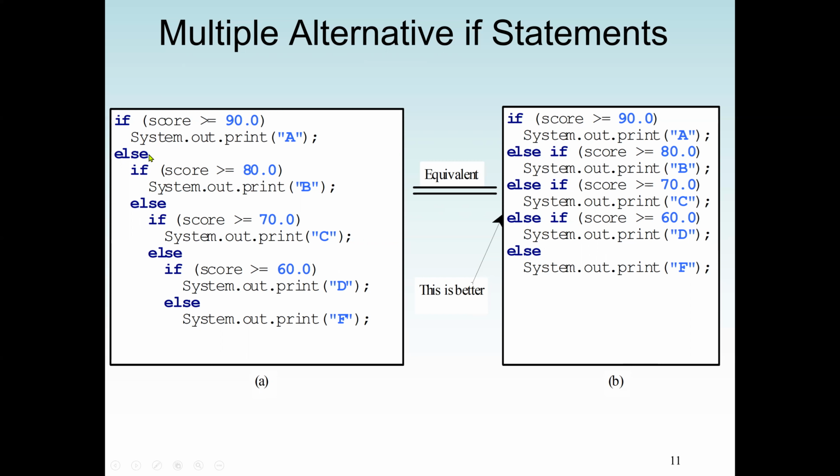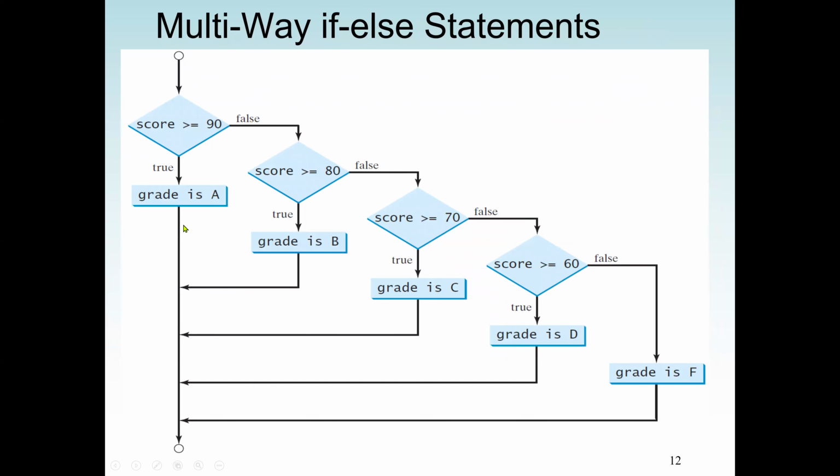We still have the else, but instead of writing else if in one line, we move the if to the next line. Then instead of aligning them all to the left, we tab it once. See here, all the else are at the same tab, and the if also is the same. So the second one, B, is more readable. So that's the multi-way if-else statement.